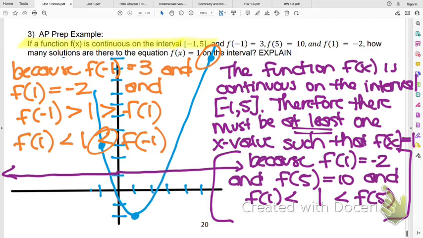Yes, ma'am. So you said the f of negative 1 is greater than because it goes up 3, so it's higher? Yes. That's what we're focused on? Yep. We're so focused on the y value. Either of those 2 lines is appropriate, but you could not say f of negative 1 is less than 1, which is less than f of 1, because that's not a true statement, right? It's greater.